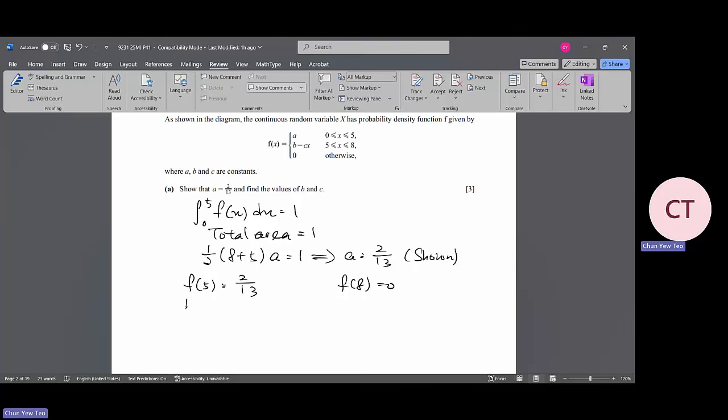So you will have B minus 5C is equal to 2 over 13. I call this equation 1. And B minus 8C is equal to 0, which means B is equal to 8C. That is equation 2.